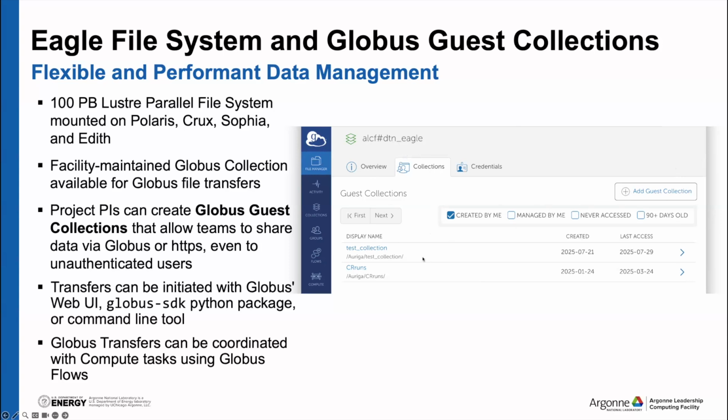What that gives you is an ID number for that collection, just like any facility-maintained collection. You can set it up to point to specific directories on Eagle, and you can give it specific permissions. So you can restrict it to particular people, or you can open it up to unauthenticated access. So you can actually serve data publicly from Eagle with a Globus guest collection.